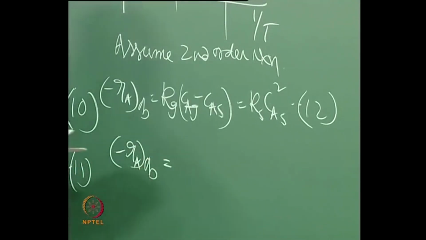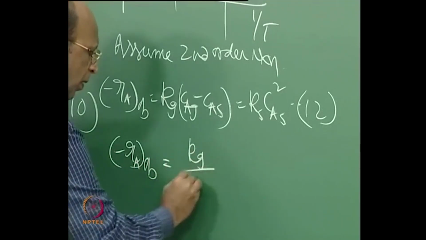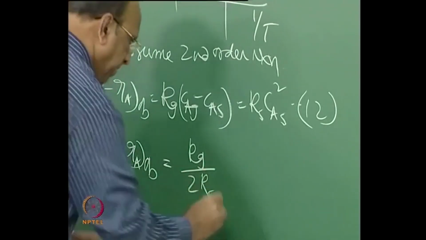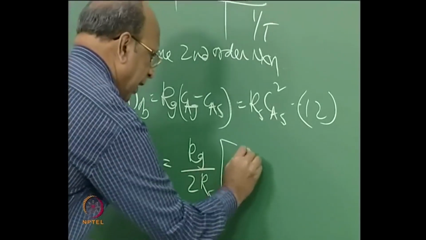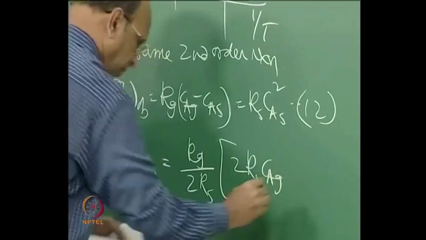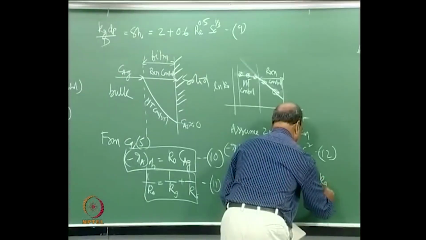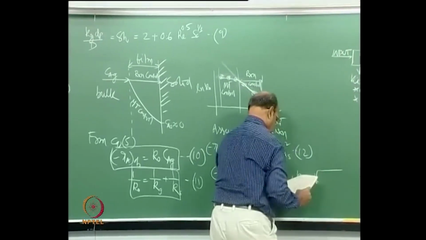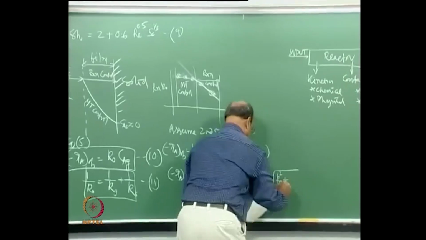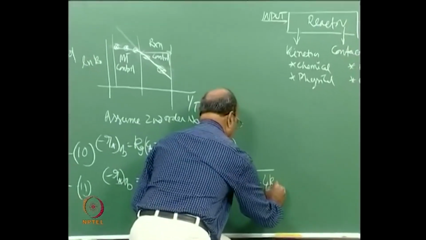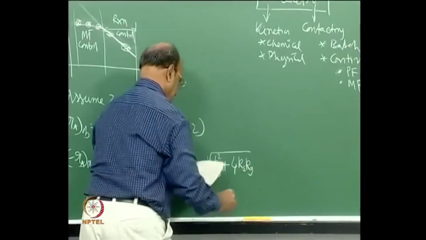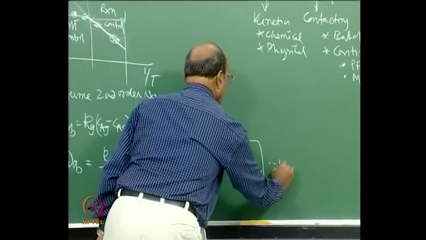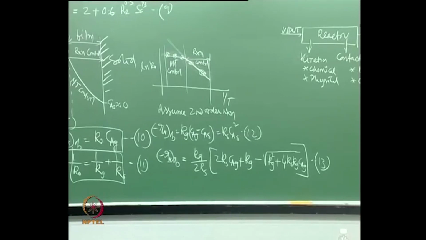If you are able to do that, then for the second order reaction the rate expression you get is minus r A prime equal to Kg by 2 Ks, times 2 Ks C Ag plus Kg minus square root of Kg square plus 4 Ks Kg C Ag. This is equation number 13. You see now how simple the equation is.